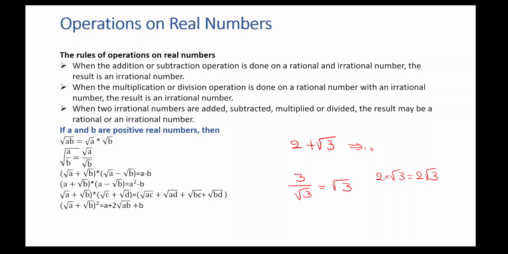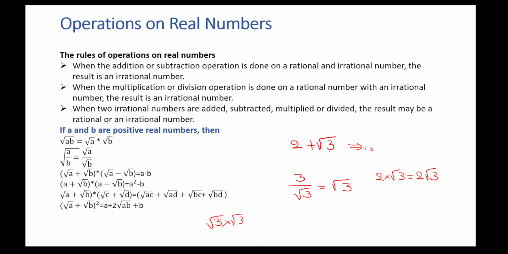When two irrational numbers are added or subtracted, it may result in a rational or irrational number based on some conditions. For example, root 3 minus root 3, two irrational numbers subtracted, or multiplied. So 2 root 3 into root 3, that is the 2 here, and root 3 into root 3.